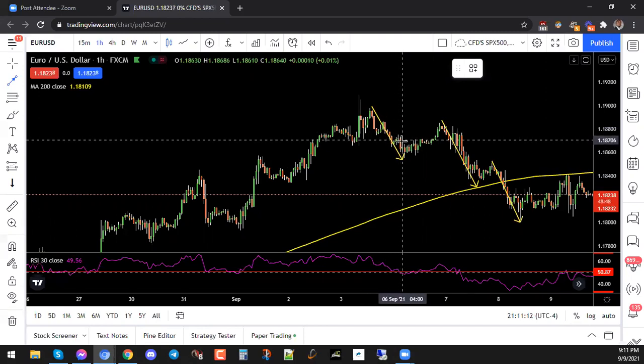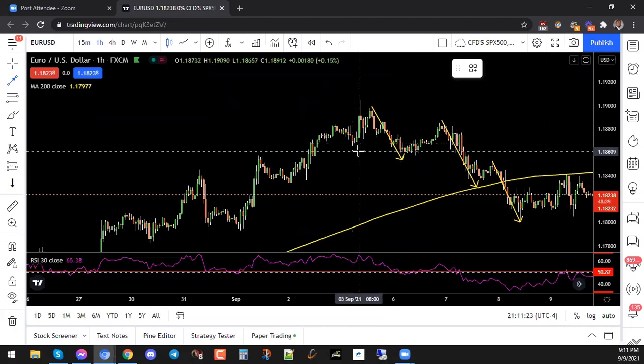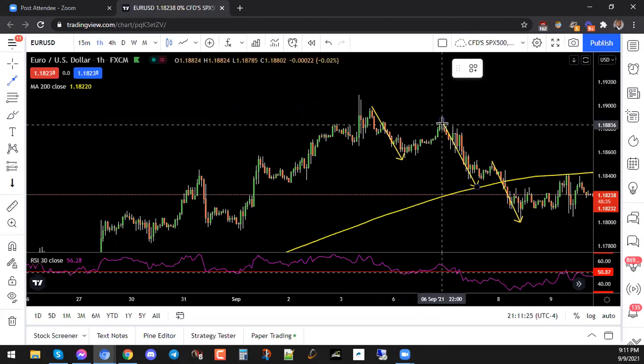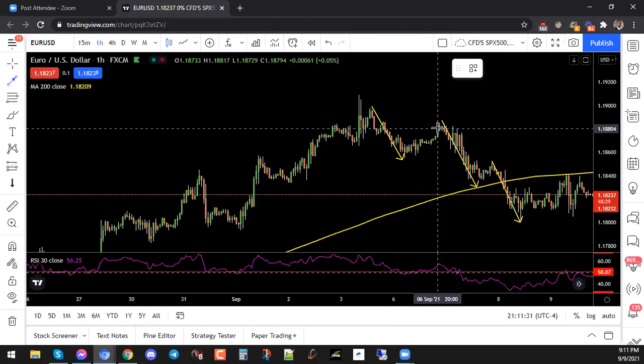So right here on this 3 a.m. to 4 a.m. candle is where I'll be looking at getting involved. However, it is best to see a decent pullback in the market before you decide to jump into a trade.